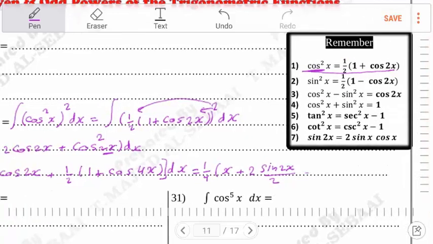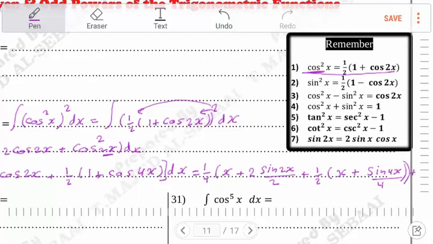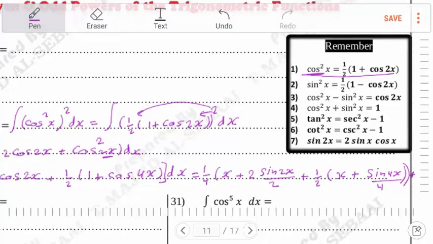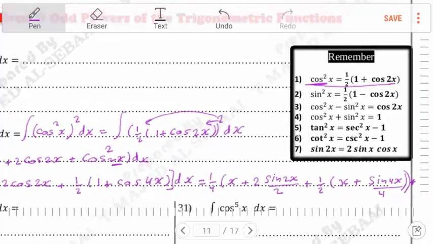Plus half, what is the integration of 1? It is x plus sine 4x over 4. All of that plus c. Right?